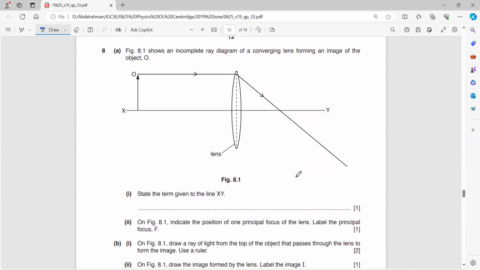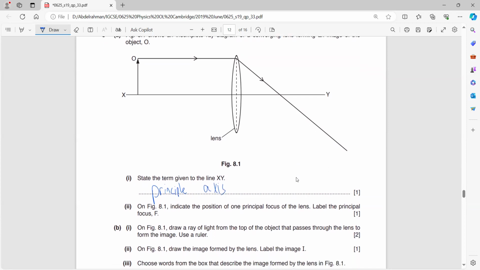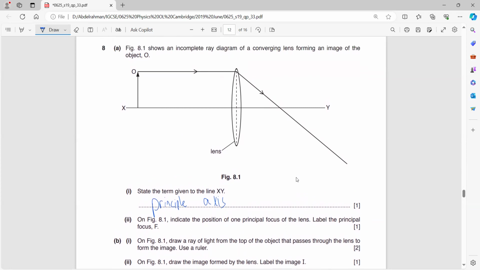State the term given by line XY. What is line XY? The principal axis. Yes, principal axis. On figure 8.1 indicate the position of one of the principal foci.